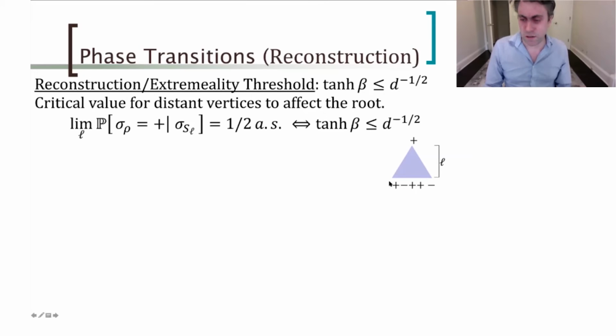So we get a random boundary condition here and ask, does that random boundary condition tell us something about the root? It's essentially equivalent to saying, if I tell you these very far away vertices, does that give you a non-trivial amount of information about the root vertex? And for the reconstruction threshold, the threshold is now tanh of beta equal to 1 over square root of d, whereas the uniqueness threshold was equal to 1 over d. So this is substantially larger values of beta.